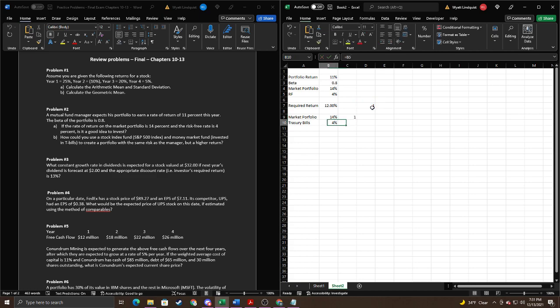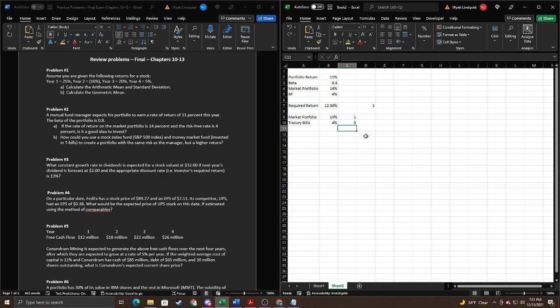Stick with me, but essentially in order to solve this problem, we are going to create a goal-seek problem where we have the market portfolio and what percent of our portfolio needs to be the market portfolio and what percent needs to be treasury bills in order to equal the required return of 12%.